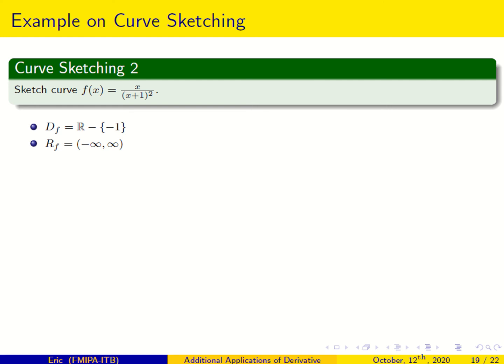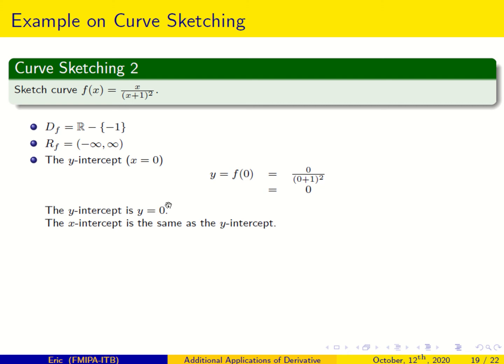No, no, it is included. The y-intercept, when you set x equals 0, you have 0. So it intercepts at the origin (0, 0). The x-intercept is the same, because this is the origin.